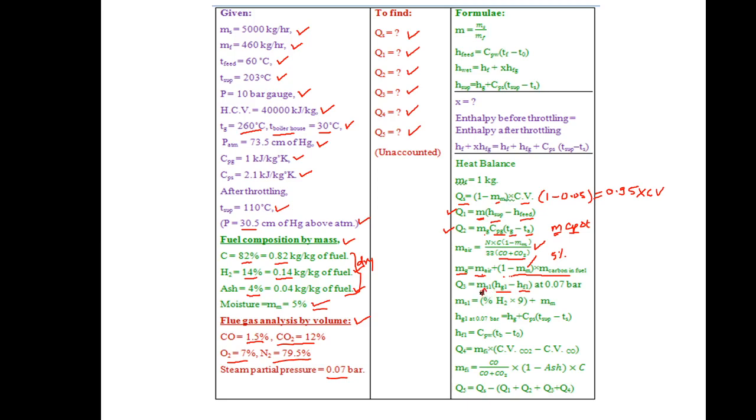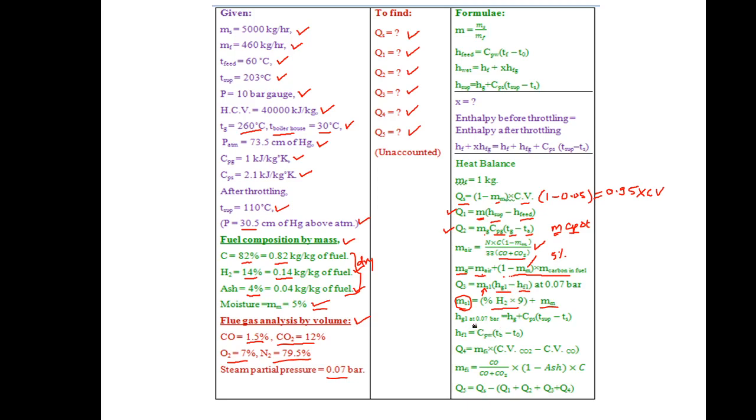Steam is present in the flue gases from two sources: one is the conversion of hydrogen into water, and the other is the moisture present in the fuel. Both collectively we get as ms1, and this ms1 we substitute here, and hg1 and hf1 we can obtain from steam tables.